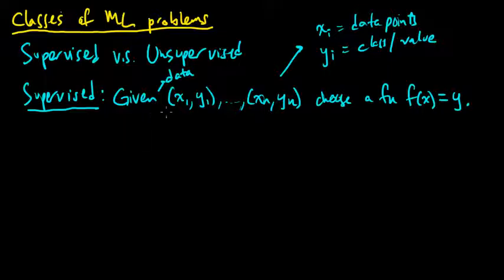But oftentimes in real-world problems, you get data like this and you have to do this. So by making certain assumptions, you can try to do the best you can.